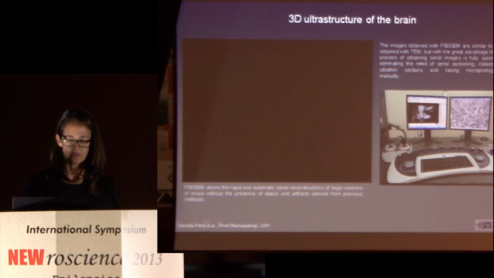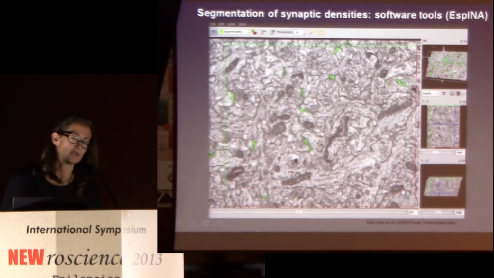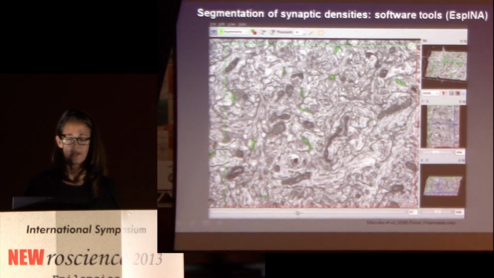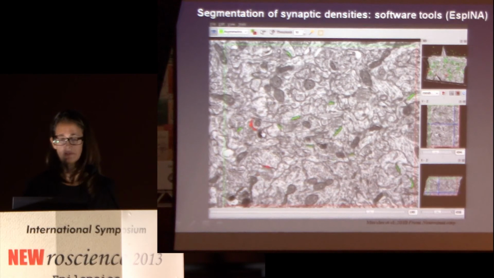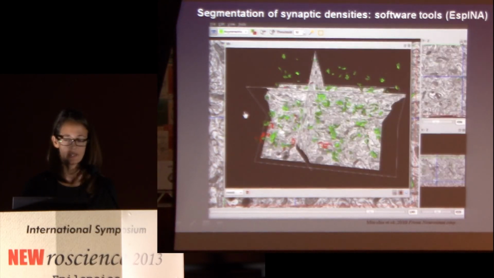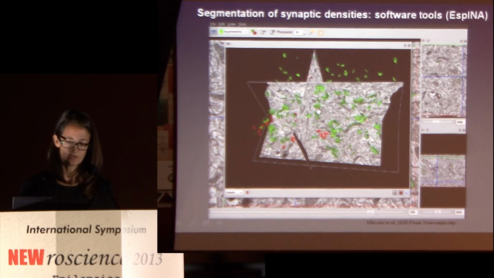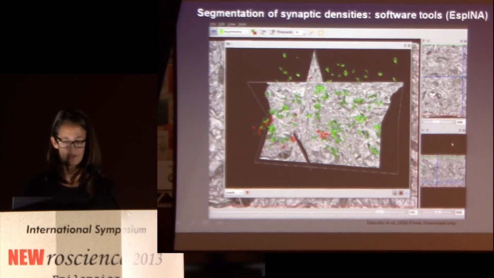This is very useful for us because, in the study of synaptic contacts, we can choose the synapse that we want to study. Using specific software, as we can see here in this movie, we can study the tissue in different planes because it's a serial stack, and we can also reconstruct the synapse or the structure in which we are interested.